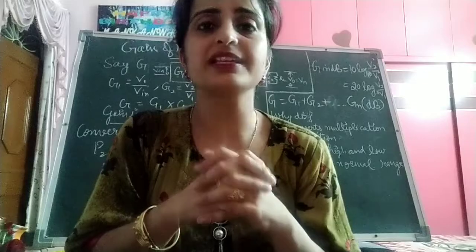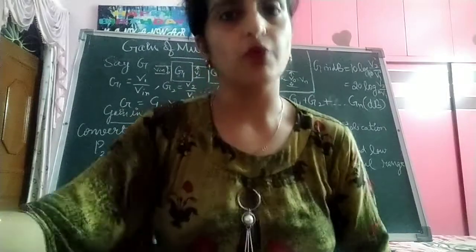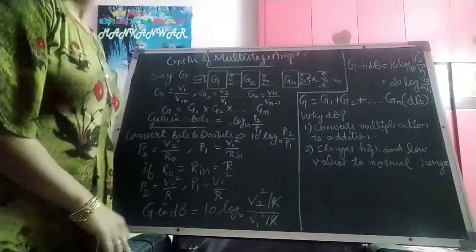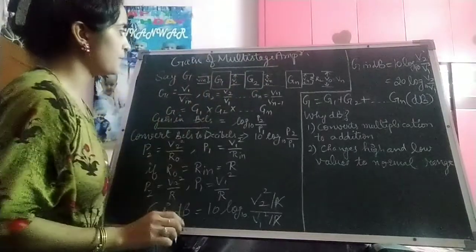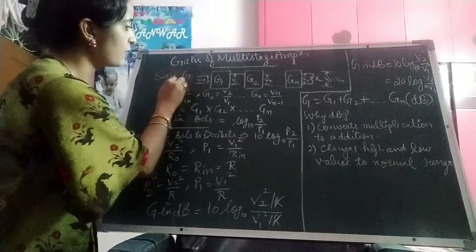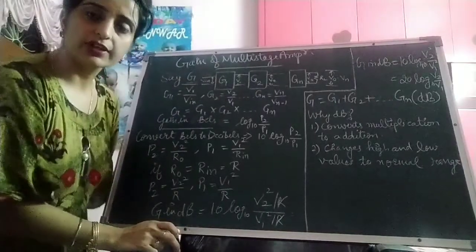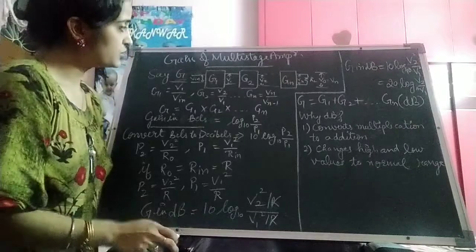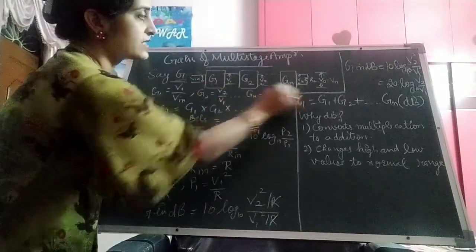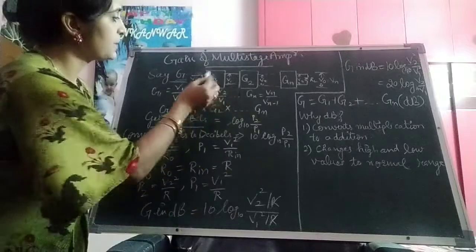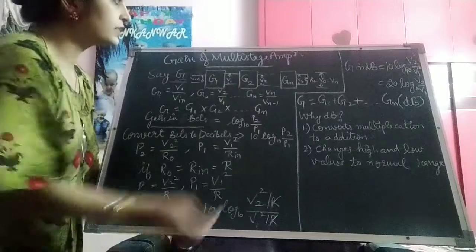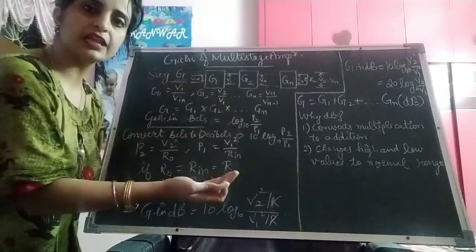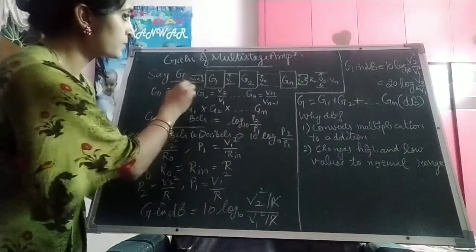So in the case of a multi-stage amplifier, let's see what the gain is. Look at this situation, gain of the multi-stage amplifier. Say we represent the gain by G. If we make it as a block diagram, we will draw it like G1, G2, and so on up to Gn, which are the gains of different stages of a multi-stage amplifier.